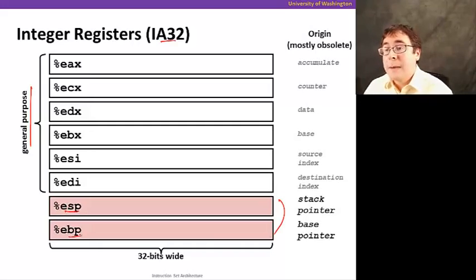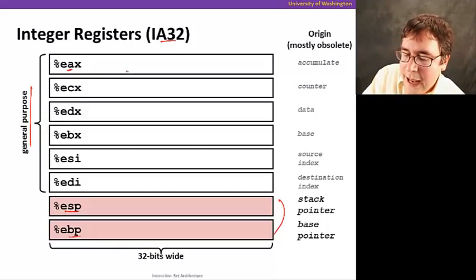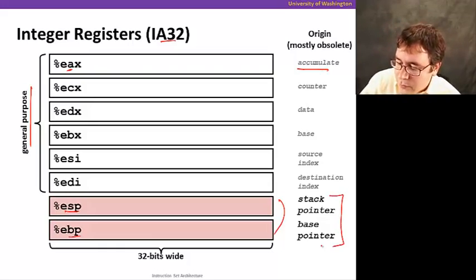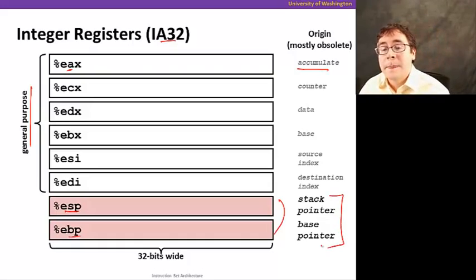The origin of the names is mostly obsolete, but EAX used to be the accumulator, and a lot of instructions accumulate to EAX. But you don't have to use it like this. It's just what was intended, but you can really use them any way you want. Except for the stack pointer and the base pointer, which really have special meaning and should be used as they were intended.